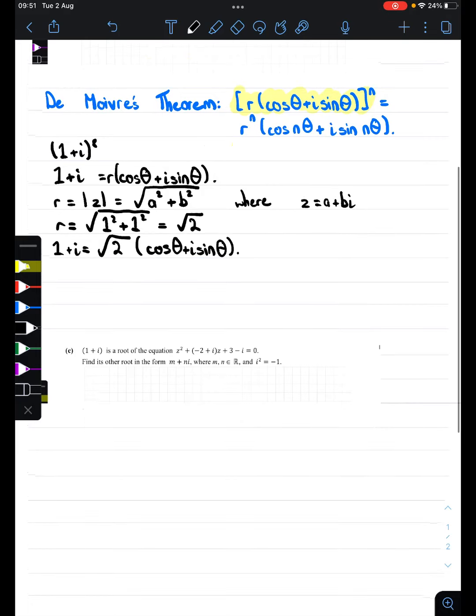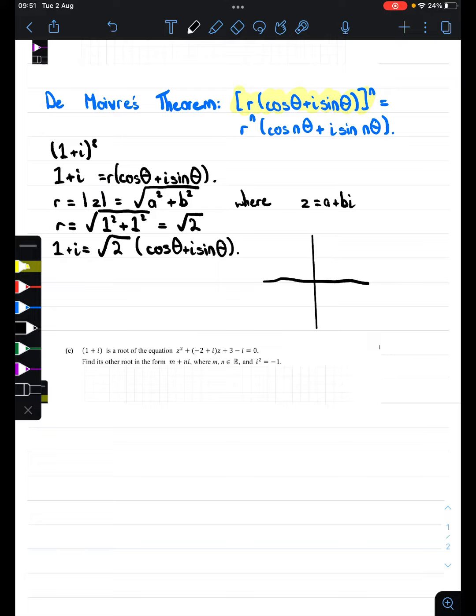Okay, well now what's theta? Well, if we have our complex plane here, and our point is 1 plus i, so it's here. Then if we connect our point to the origin, theta is the angle it makes with the x-axis, which is typically how we measure angles in trigonometry.